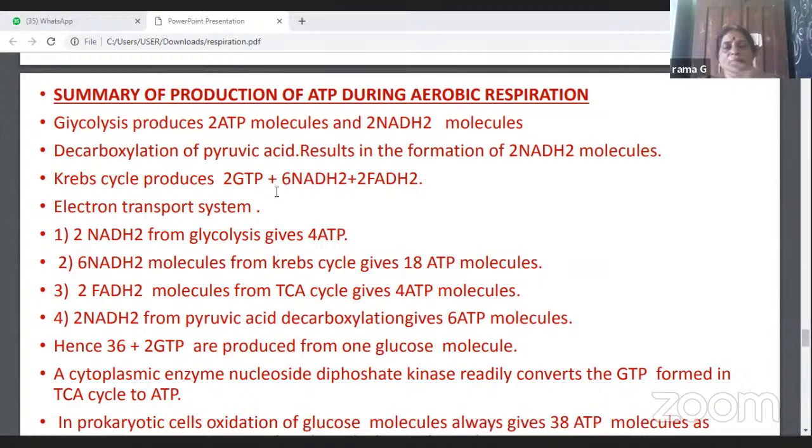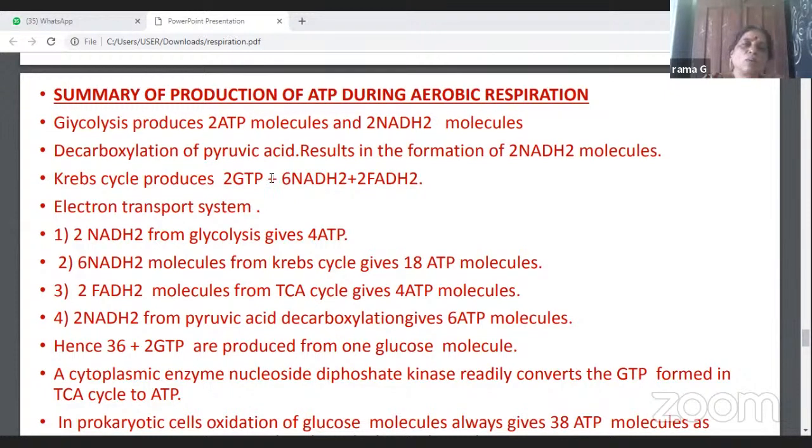And we know that for one pyruvic acid molecule, 3 NADH2 and 1 FADH2 molecule, 1 GTP is produced. And there are 2 pyruvic acid molecules. That's why multiply this number into 2. Then you will get this number of currencies.